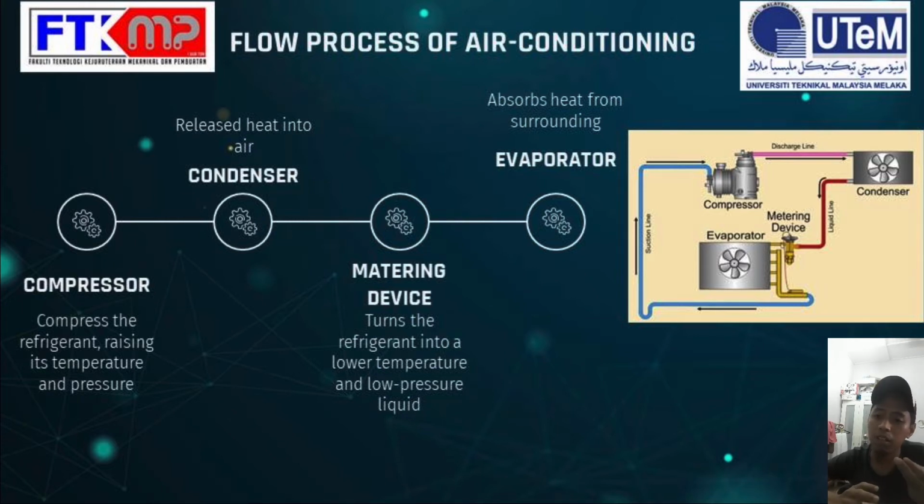The metering device also turns the refrigerant into a low temperature and low pressure liquid. After that, it goes inside the evaporator, where the evaporator absorbs heat from the surroundings and releases cool air to the room.